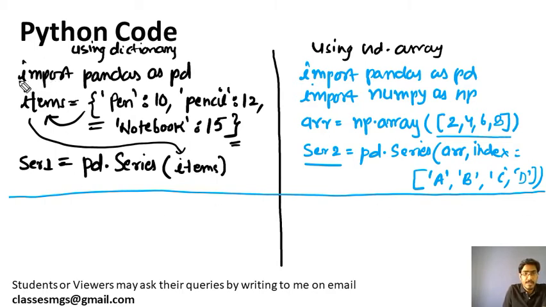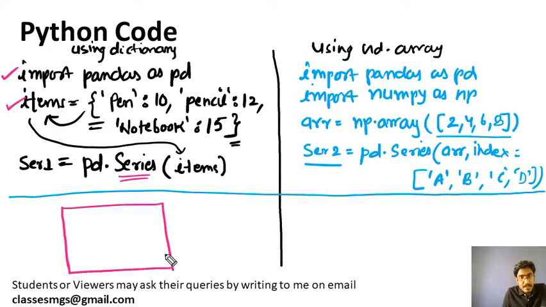Now I am going to run these programs and explain the output. So let's suppose we are running this. First line importing, second line dictionary will be created, and third line series object will be created like this. The keys of the dictionary will become the index. So here pen will be one index and its value will become the data.